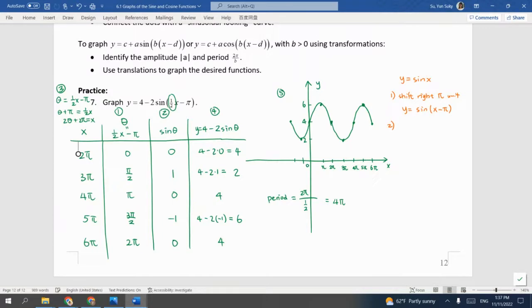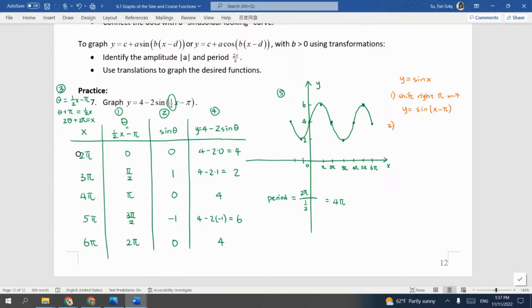Next, do you see this 1/2? Step 2, reflect over the y-axis? But I told you that corresponds to when you have a negative sign in front of the x. If you have a number in front of the x, you actually have a horizontal compression or stretch.